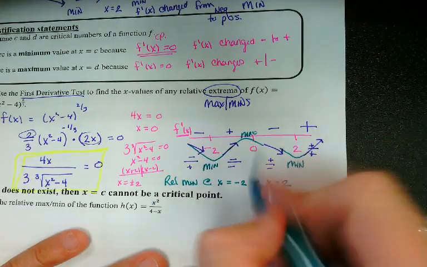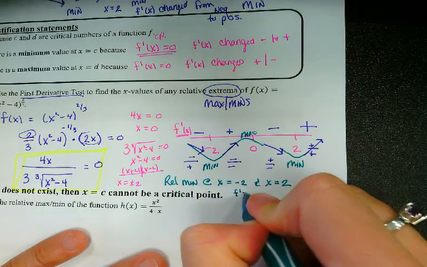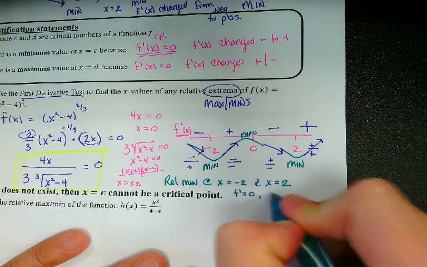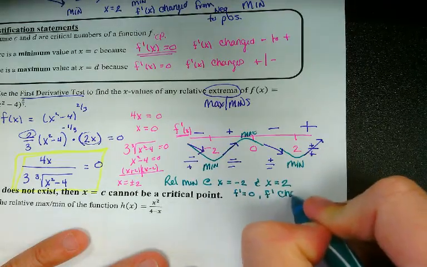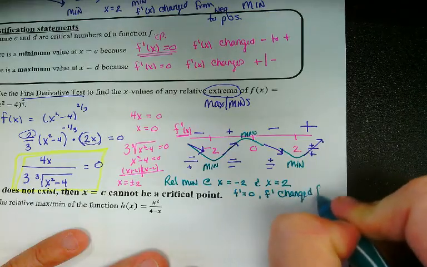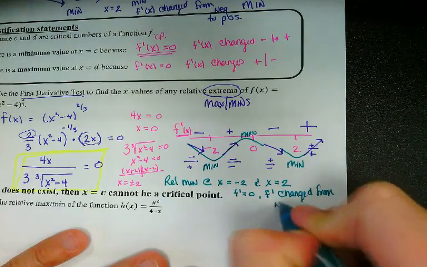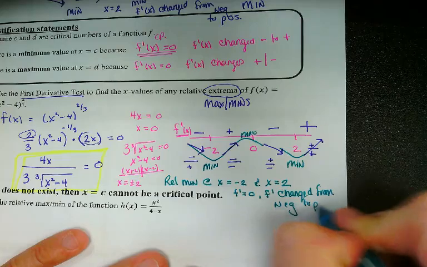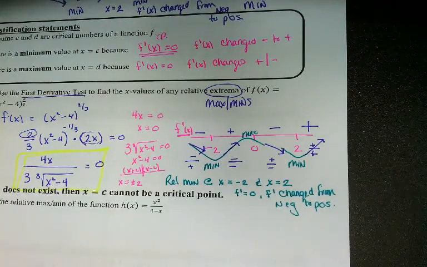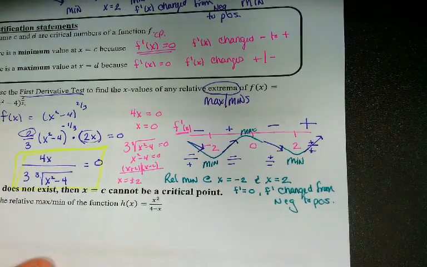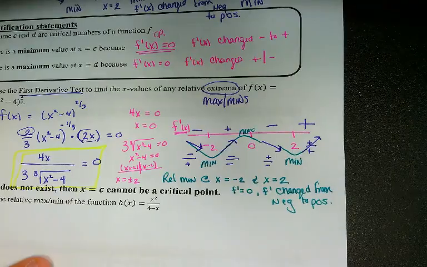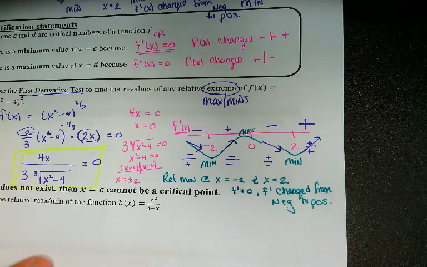And our justification is, again, first f prime equals 0, and then f prime changed from negative to positive.